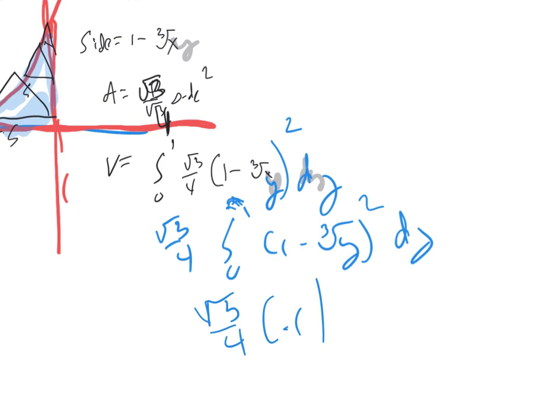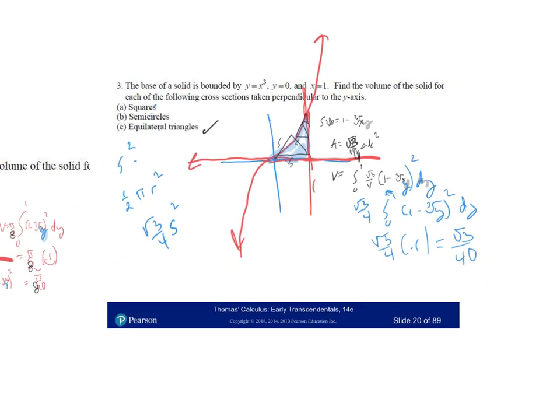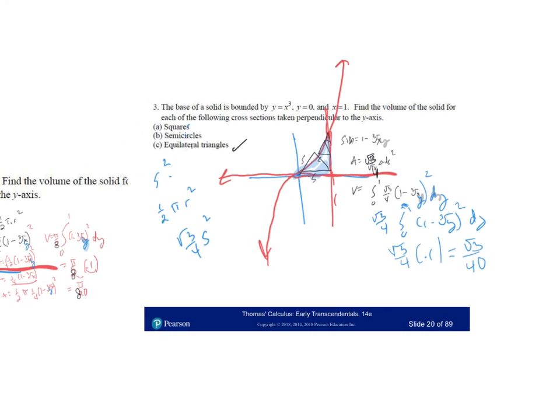And multiply by 10, multiply by 10. I'm going to go with square root of 3 over 40. And that's my story, and I'm sticking to it. FYI, all the answers are correct now, once I fixed up my mistake.